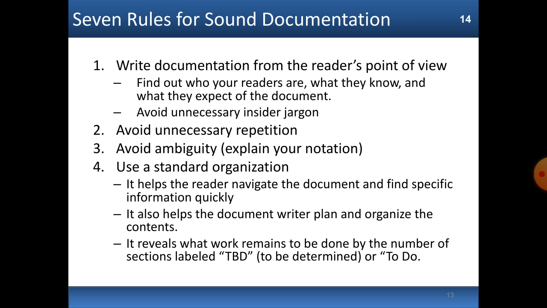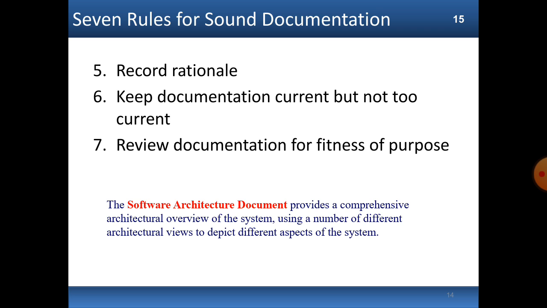This standard organization helps the reader to navigate the document and find specific information quickly, helps the document writer to plan and organize its contents, and it also reveals what work remains to be done, with labels like to be determined or to do. So using a standard organization is also an important aspect of any effective, complete and sound documentation.